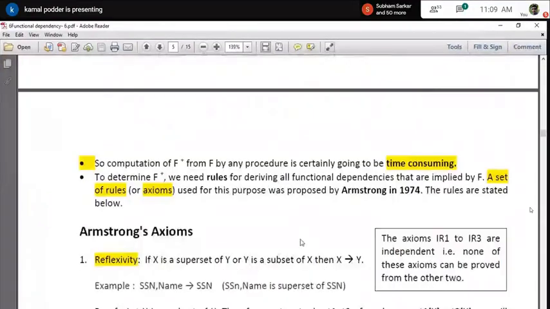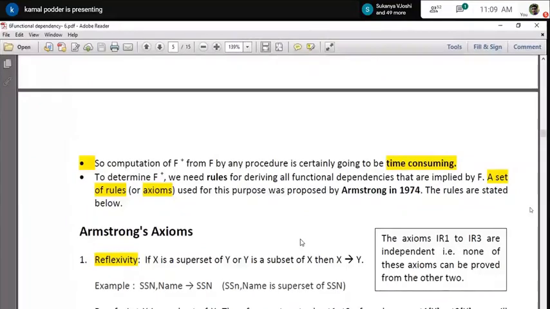So computation of F plus, that means the cover of a particular set of FDs, by a procedure, whether manual or automated, is certainly going to be time consuming.